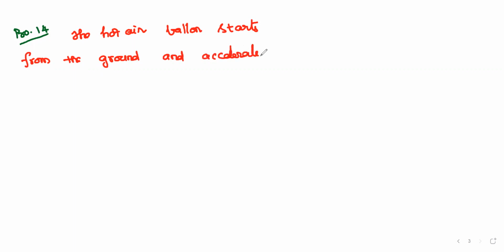You also better write the question, because it will end in 2 minutes. Accelerates up with 1 meter per second square. So the hot air balloon is not going up with constant velocity. It is going up with constant acceleration, 1 meter per second square.